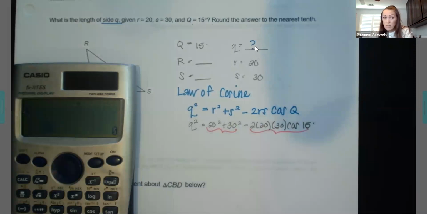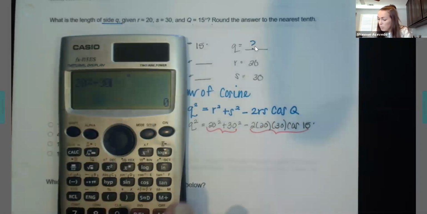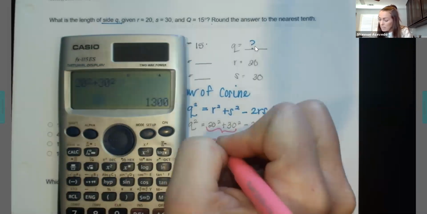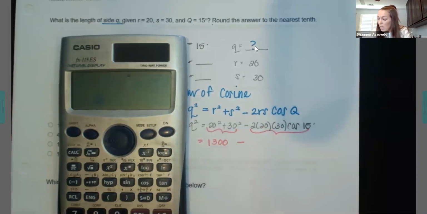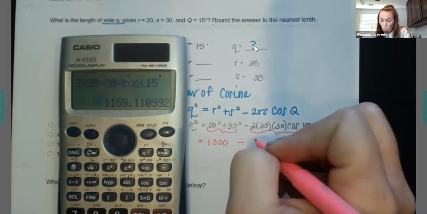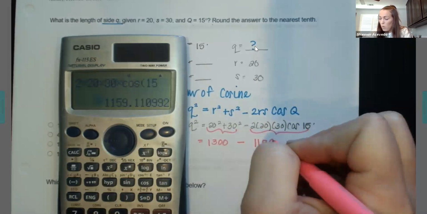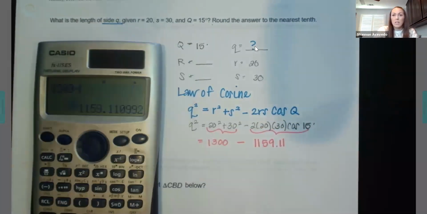So 20 squared plus 30 squared is equal to 1,300, minus 2 times 20 times 30 times cosine of 15, and it's going to be 1,159.11.